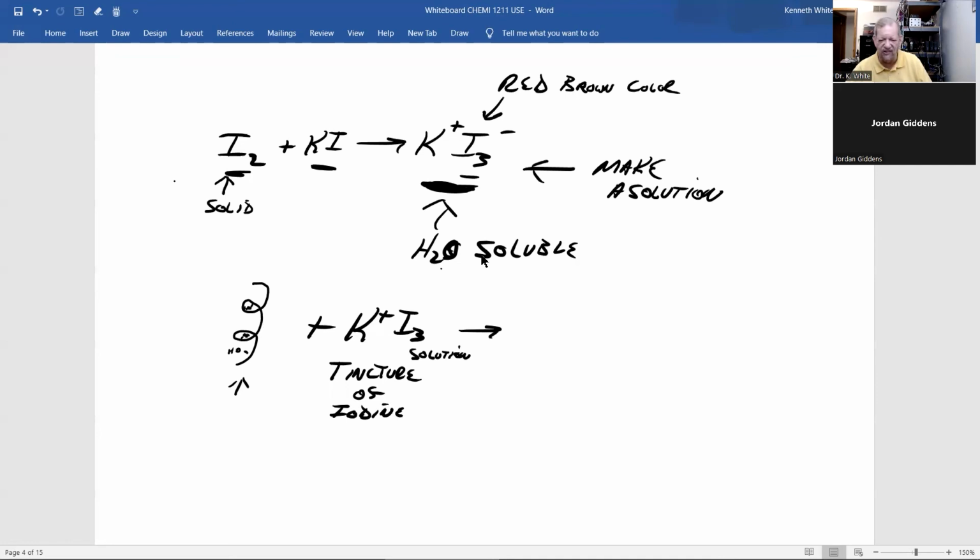This interacts, and when the triiodide gets inside there, where this is red-brown, this inside there becomes a dark blue.